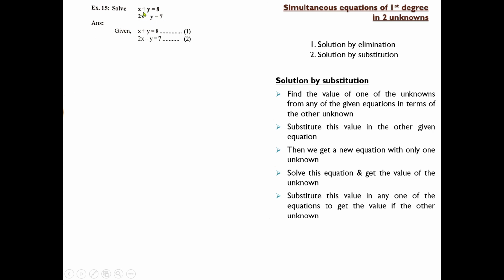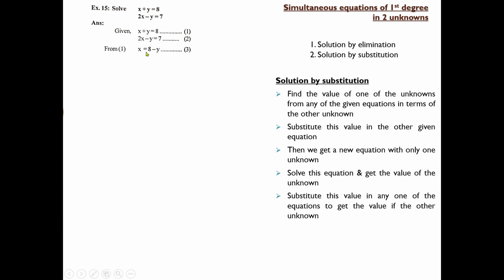So here, x plus y equal to 8, kindly go for that equation, then your computation will be much easier. So x plus y equal to 8, you can select any one of the variables from this, either x or y. Why are you choosing x or y? In the next step you will understand the concept.